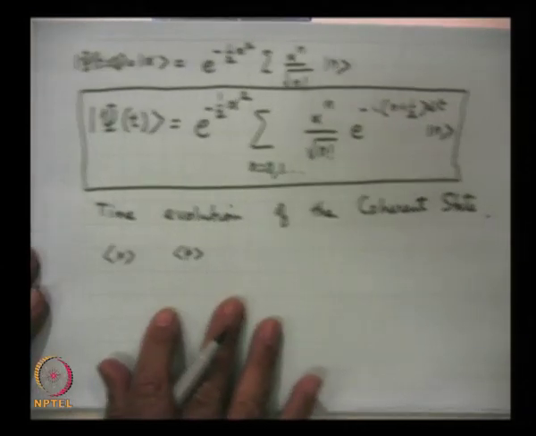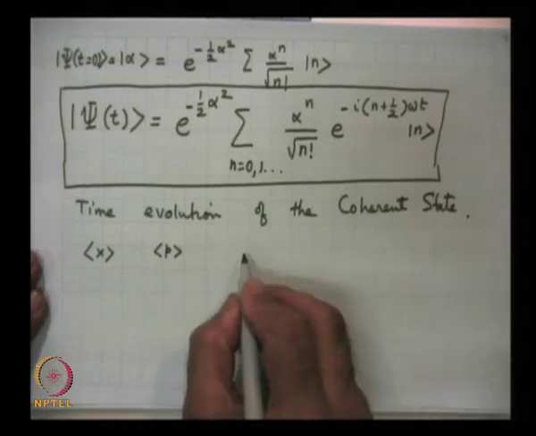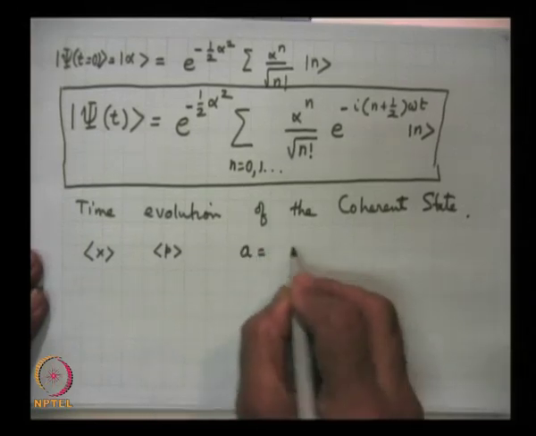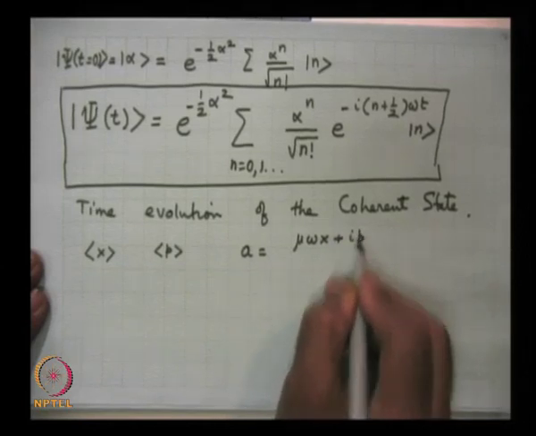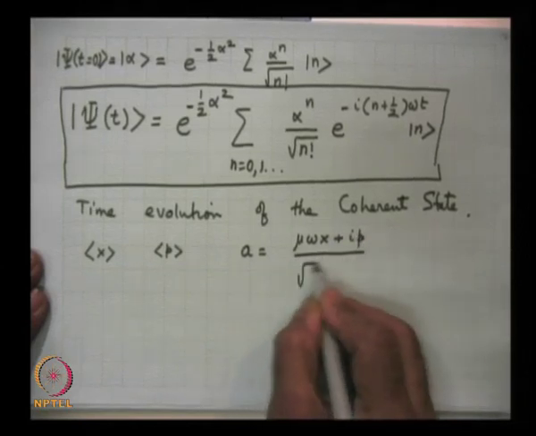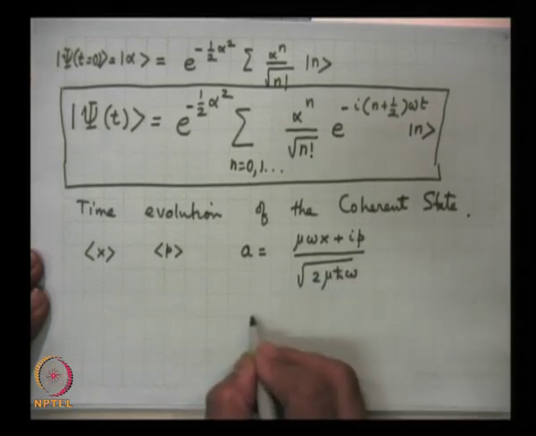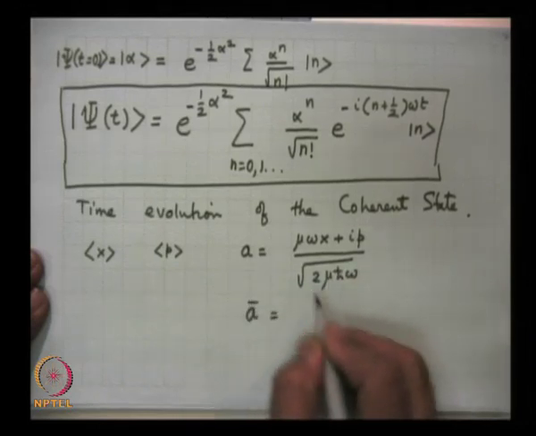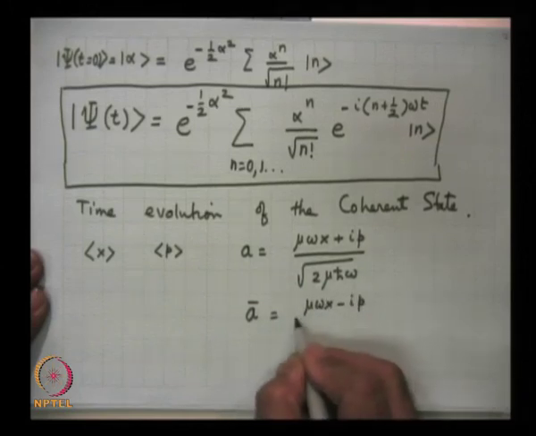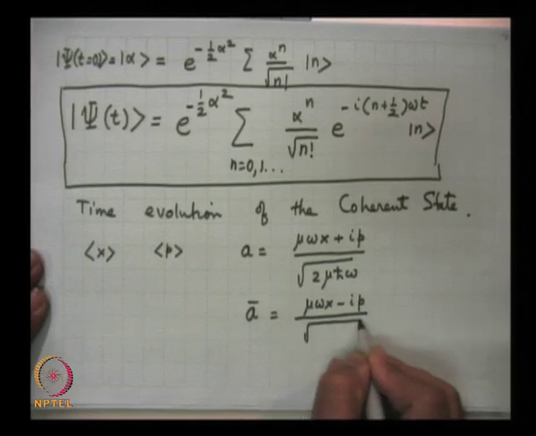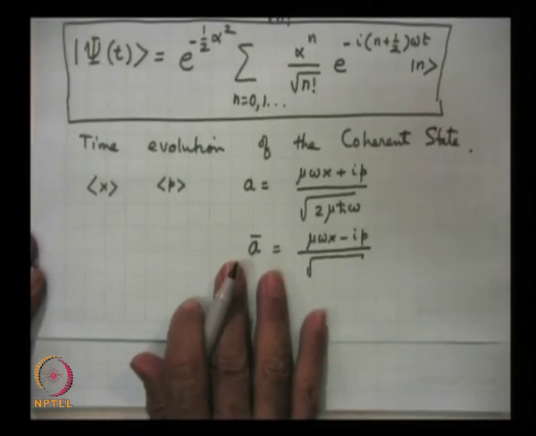You recall that the operators A and A bar we had defined as A is equal to (mu omega x plus i p) divided by under root of 2 mu h cross omega, and A bar was (mu omega x minus i p) divided by the same under root. So, in order to obtain an expression, we add these two.